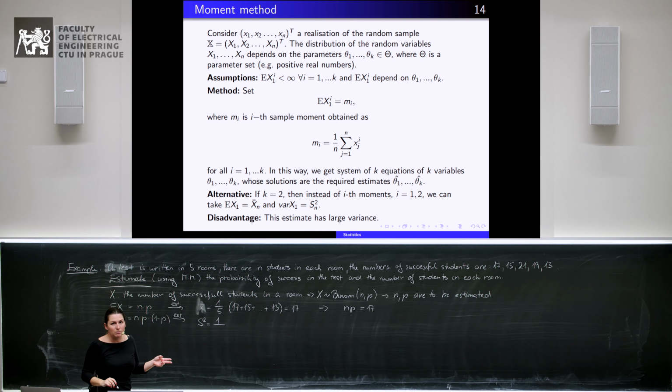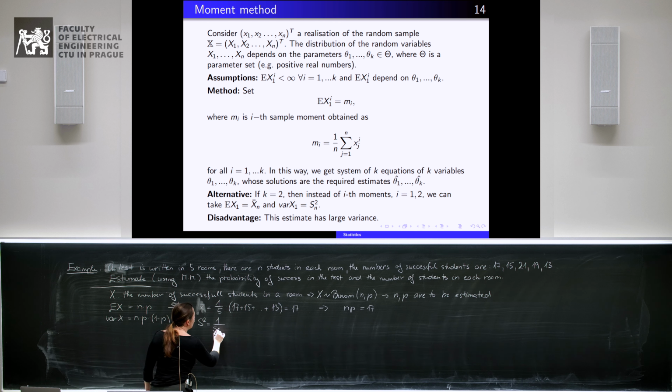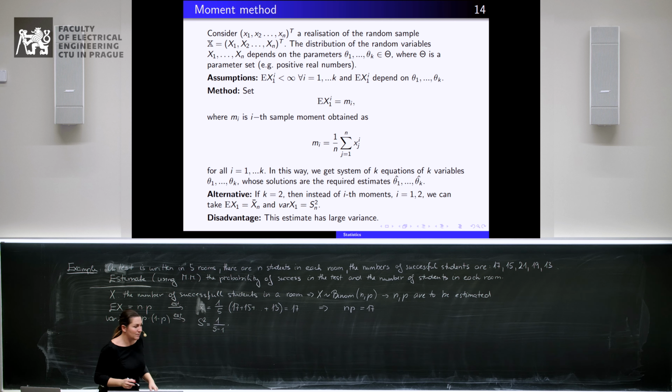If you remember, if not you should look at the last video, I will recall that in the denominator we have n minus 1, so it is 5 minus 1 in our case. It is for the reason that this sample variance is unbiased. It means that its expected value is equal to the real variance.